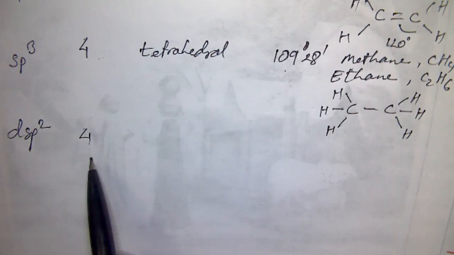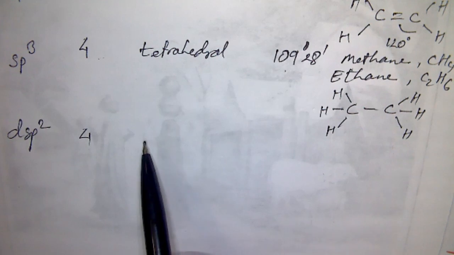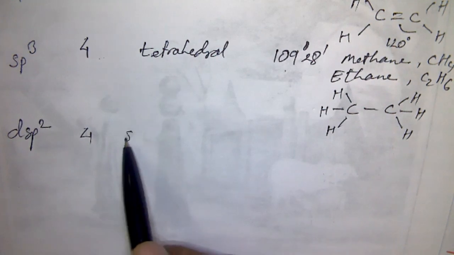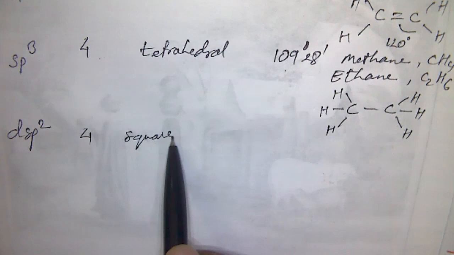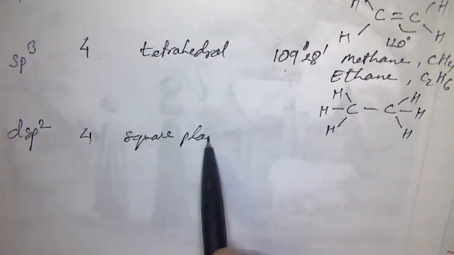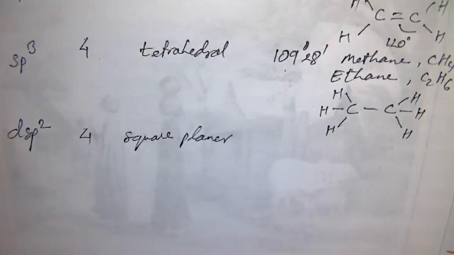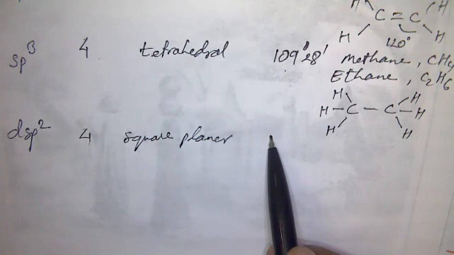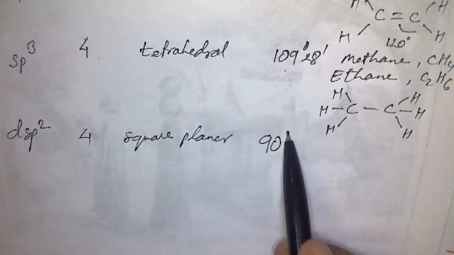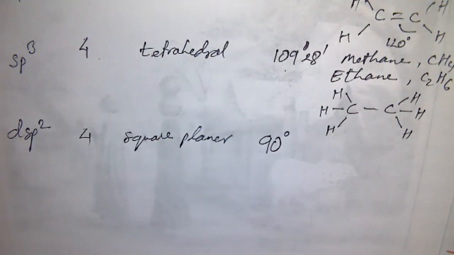It is still 4, but the shape will be different. This will give you square planar. It'll just be a square plane one. The bond angle will be 90 degrees.